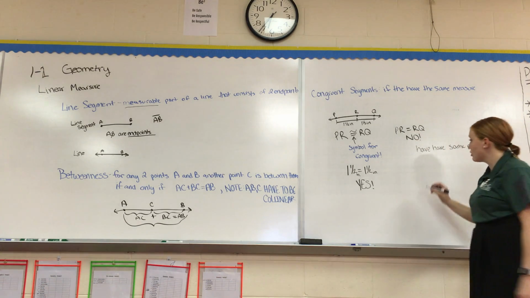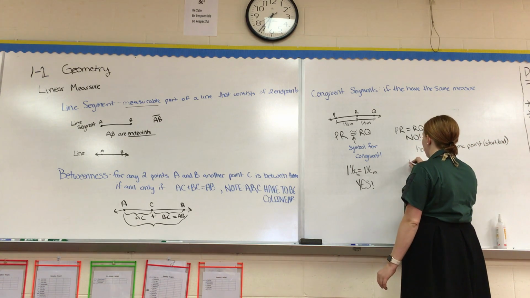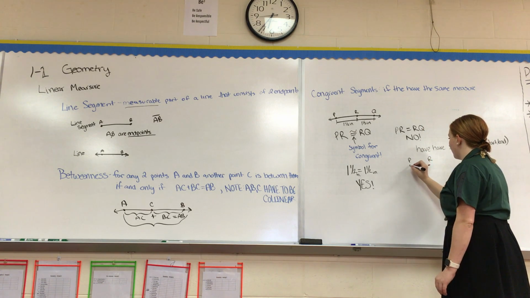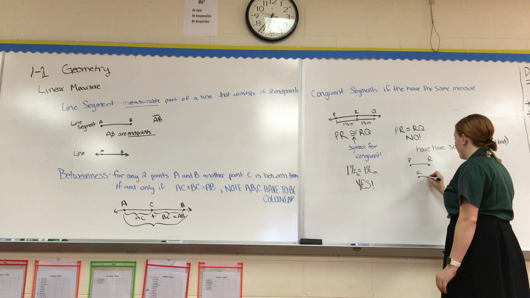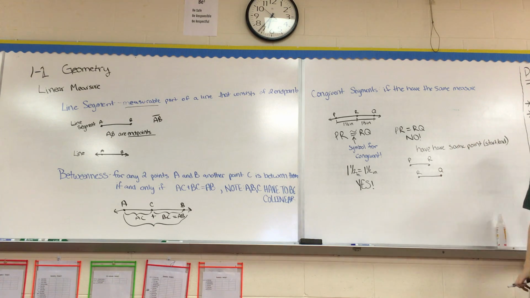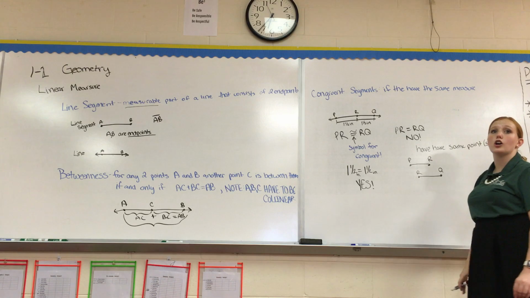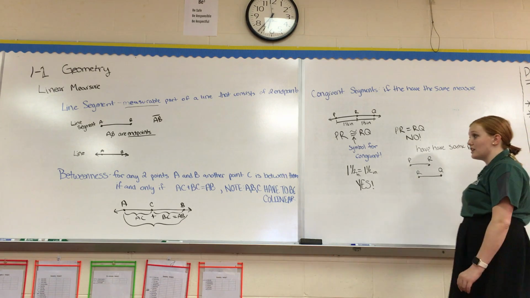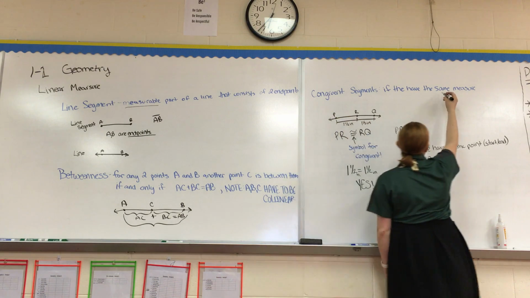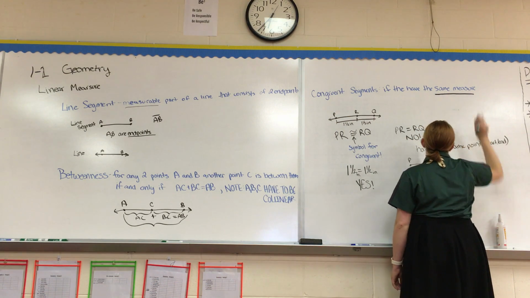And that's not always true. Let's imagine I put point P here and R here, and then another R here and another Q here. Do these have the same endpoints? No, they're not equal. They are congruent. There is a difference. Congruent means the same measure.